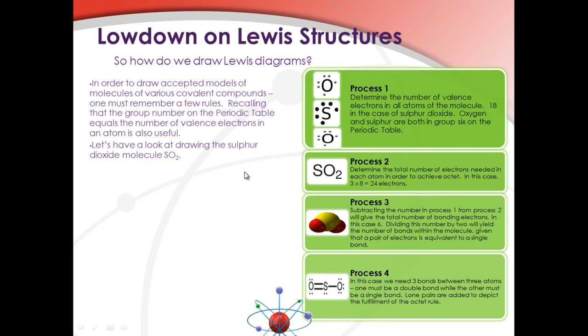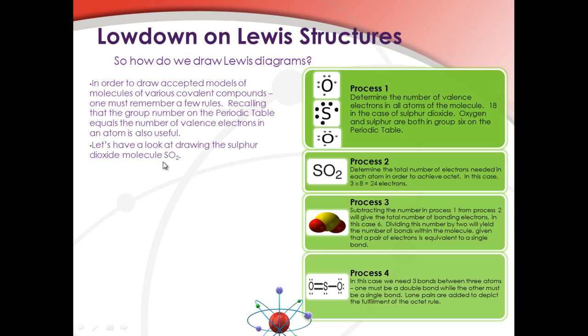So what we want to talk about now is how we actually go on and draw a Lewis structure for a particular compound. Now, there are a few rules, and of course, as always in chemistry, there are a few exceptions to the rules. The compound we're going to pick on at the moment is sulfur dioxide. I could choose any simple covalent compound, but I'm going to choose sulfur dioxide.